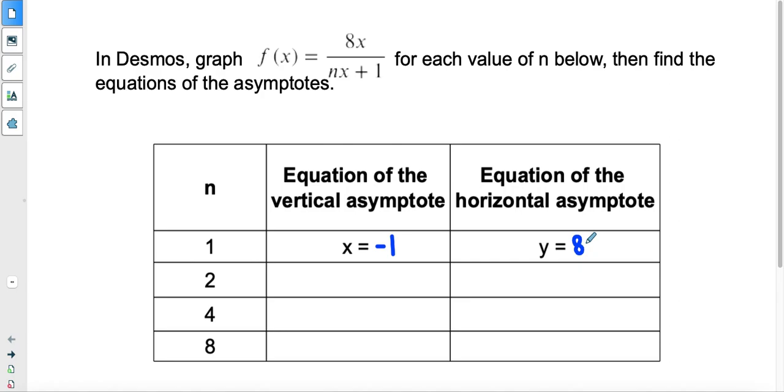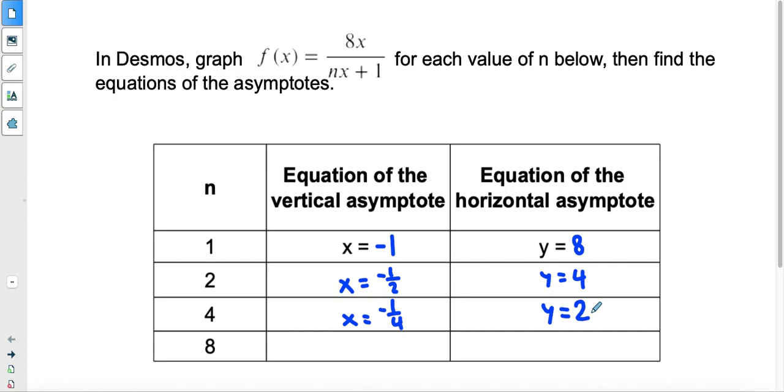When n is equal to 2, we found that the vertical asymptote was x is equal to -1/2, and the horizontal asymptote was y is equal to 4. When n is equal to 4, my vertical asymptote was x is equal to negative 1 over 4, and my horizontal asymptote is y is equal to 2.